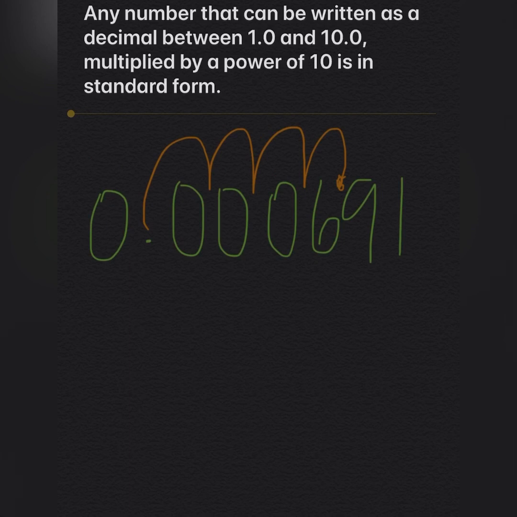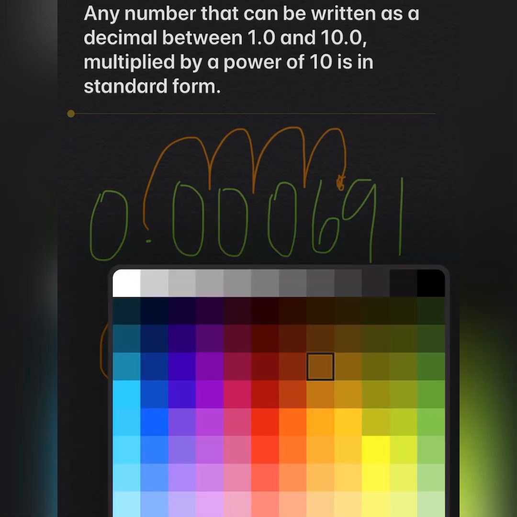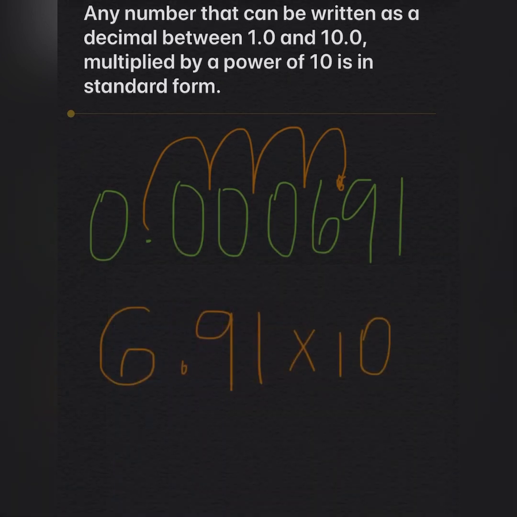Now we have our number, and we write it down: 6.91. It's always multiplied by 10 to a power. How do we know the power? Let's count how many spaces we moved: 1, 2, 3, 4 spaces. But we have to check if it's positive or negative by checking the direction that we moved.